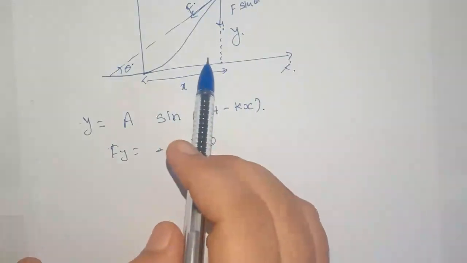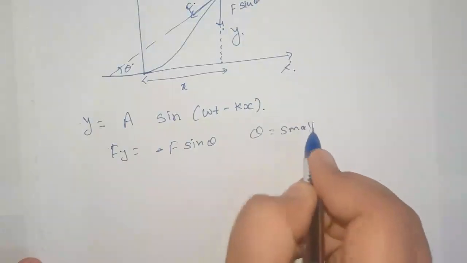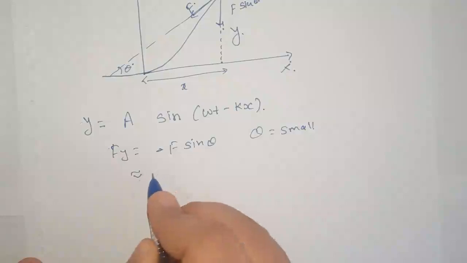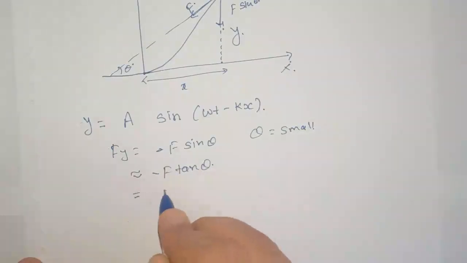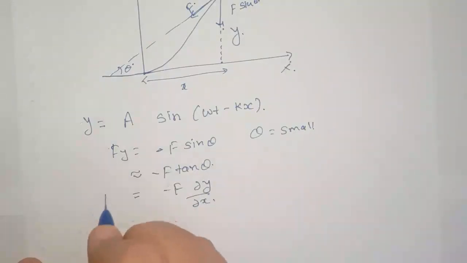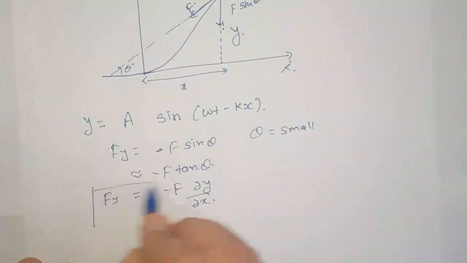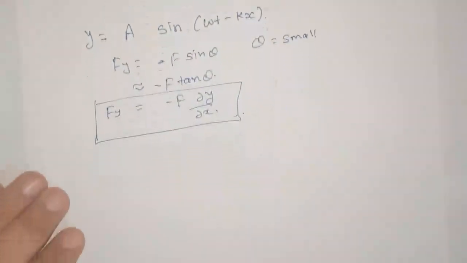As theta is very small, this is approximately written as minus F tan theta, and the tan theta can be written as del y by del x. So Fy is written as minus F into del y by del x.